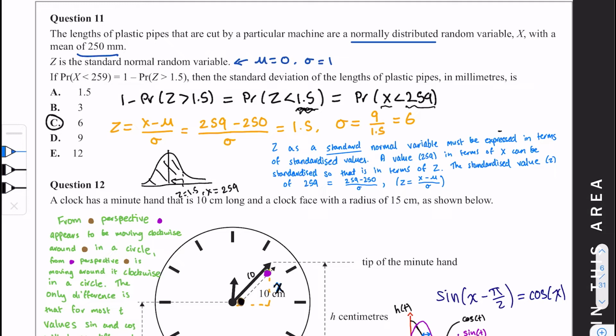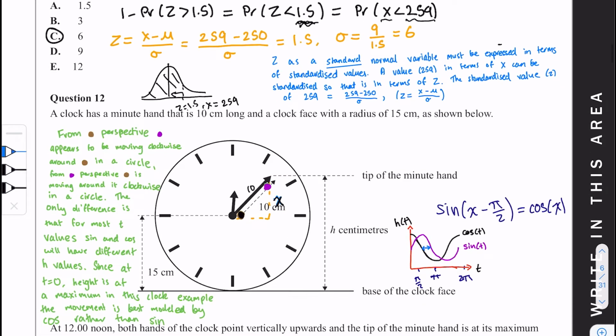And here's just the general formula where we got that from. Since we know that the standardized value of this equals that, we just set them equal to each other and solve for the standard deviation. So we get standard deviation equals 9 divided by 1.5, which is equal to 6. Once you get to this point, I would just chuck it into your calculator, and you should get the standard deviation equals 6.